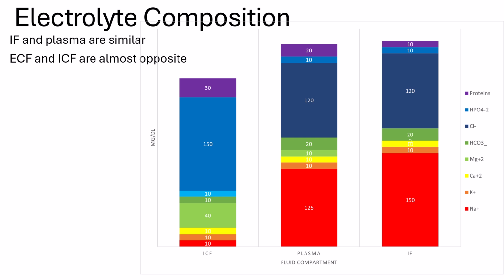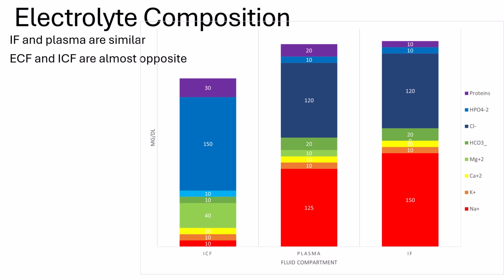Plasma has about 125 milligrams per deciliter of sodium, while interstitial fluid is slightly higher at 150. These ions help maintain fluid balance and nerve signal transmission.